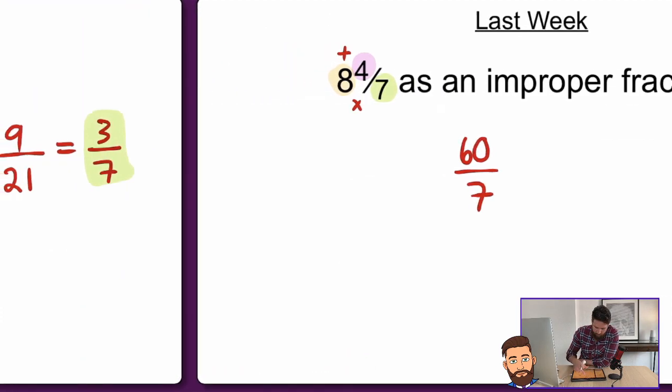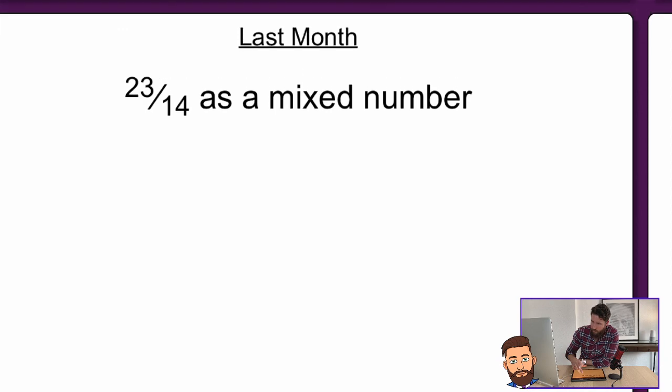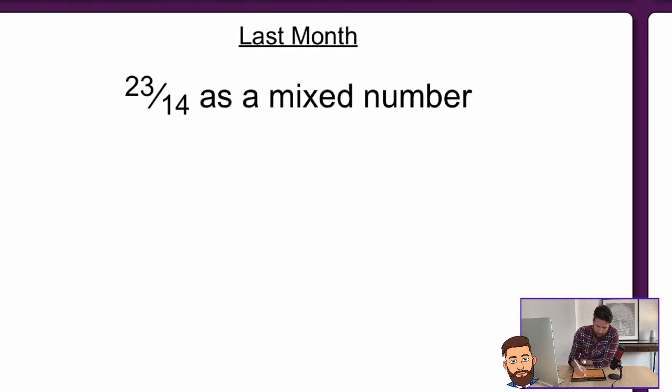The bottom left, it wanted you to write 23 over 14 as a mixed number. To write that as a mixed number, we have to see how many times 14 goes into 23 whole. 14 goes into 23, well, what have we got?